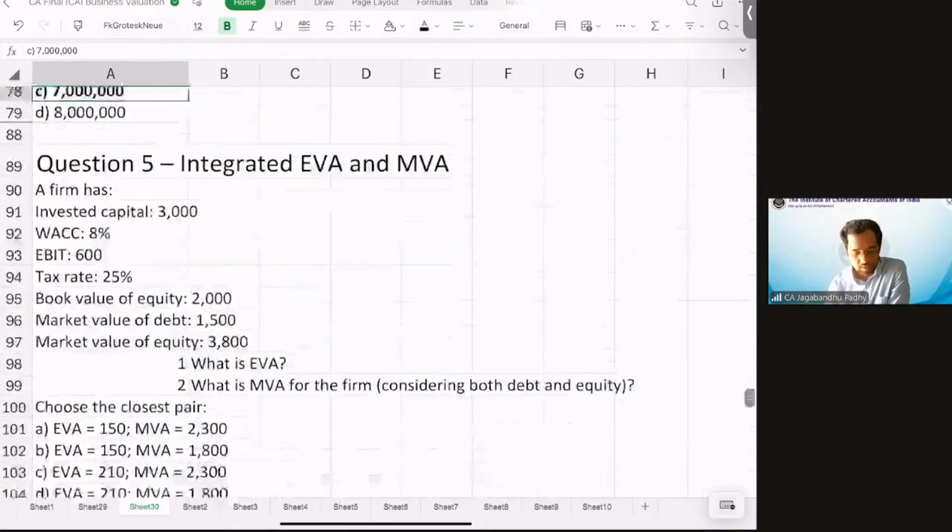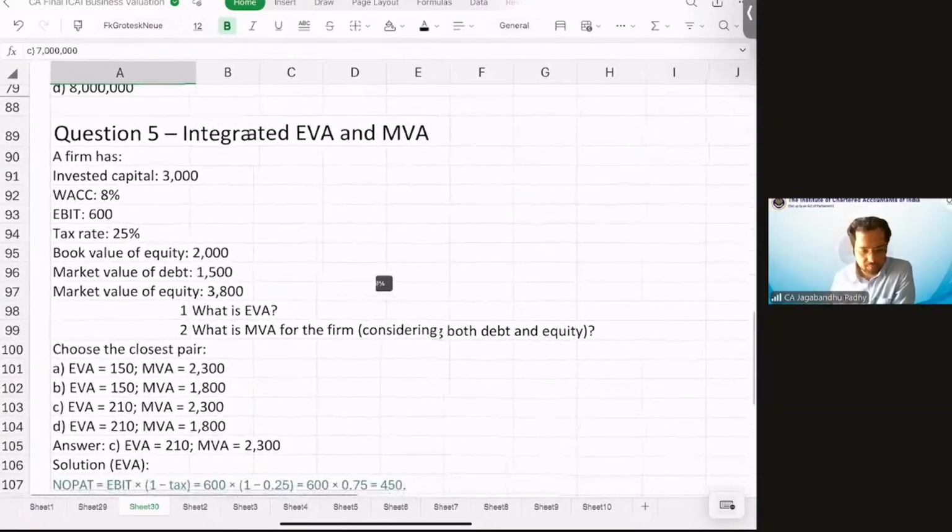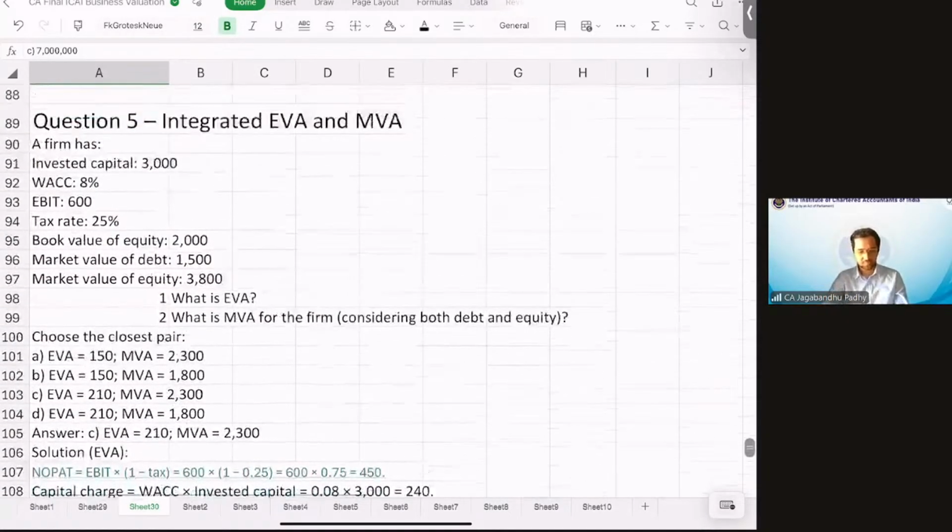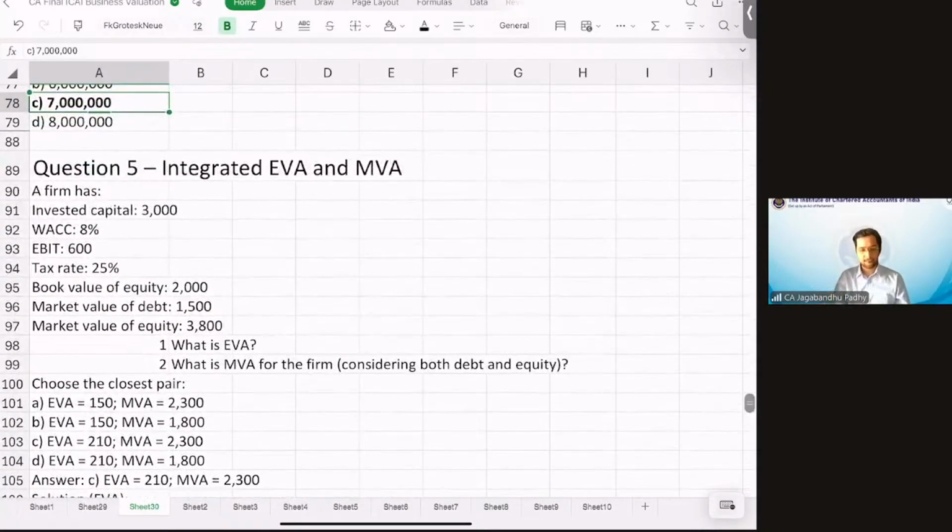Okay, last question. Question number 5. Answer me, guys. What's the answer for this? Investor capital is given, WACC is given, EBIT is given, tax rate is given. So EVA can be easily computed.